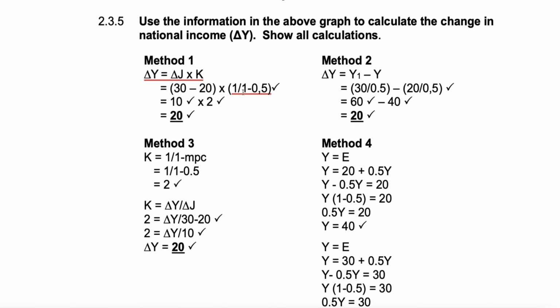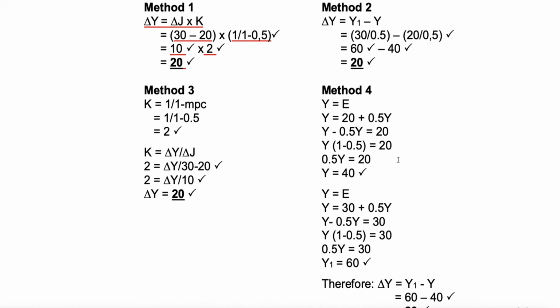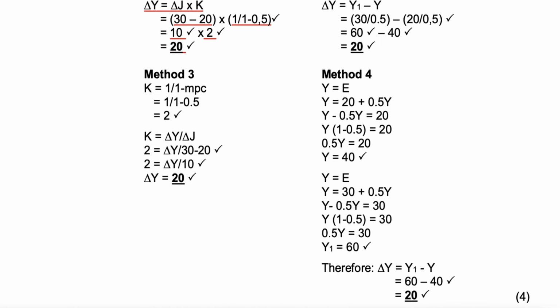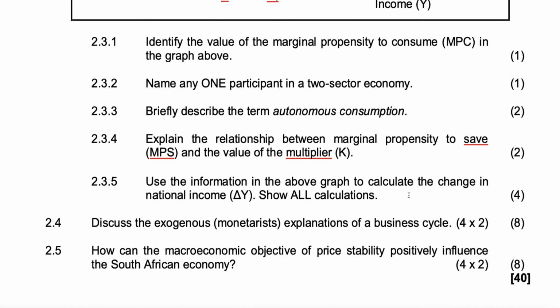Then 0.5 goes into 1 2 times. That's this 2 here. Then this 2 times this injection. Change in injection was this 30 minus 20. I think you remember I said this. Then the 10 that you get from here times the 2 you get from here, that's this 20. You can explore other methods. Here they are. I'm not going to waste time there.